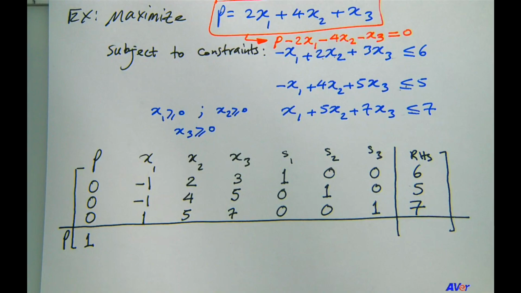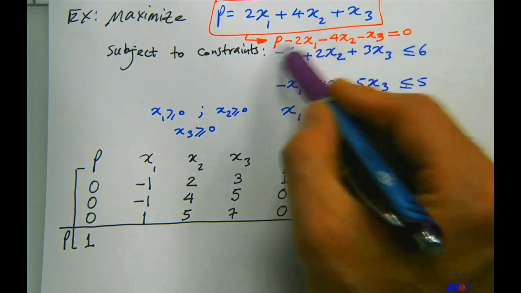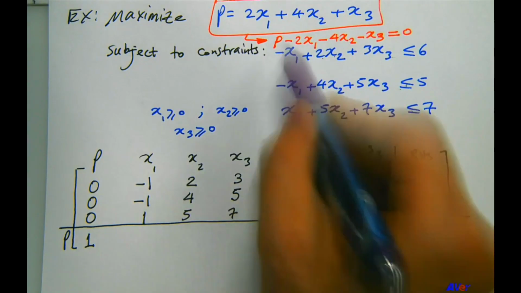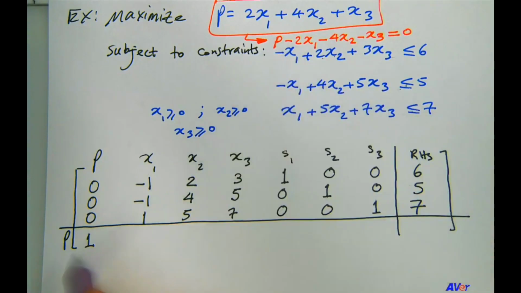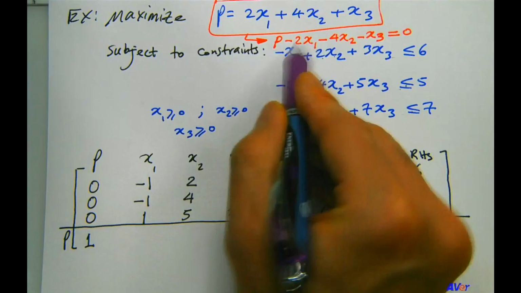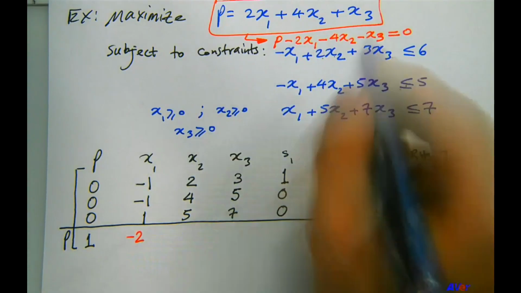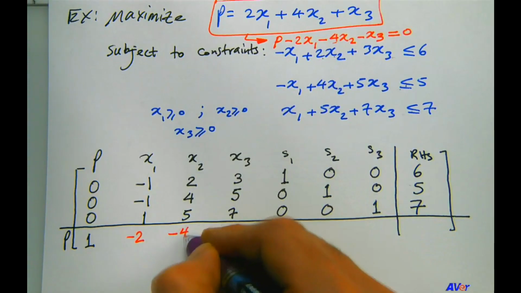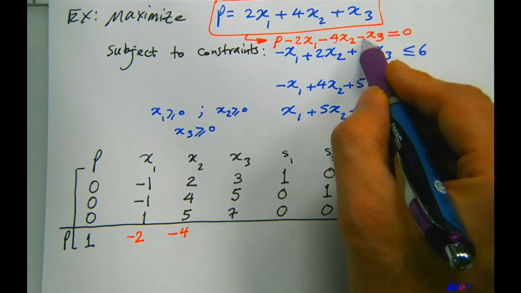So it's these coefficients that we need to import into the initial simplex tableau. P already has coefficient 1, and it's already there. For x1, minus 2. For x2, minus 4. For x3, minus 1.